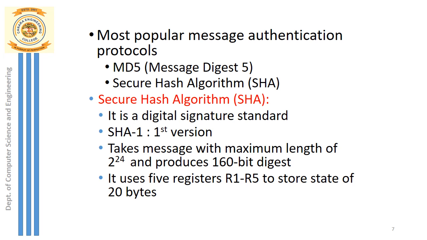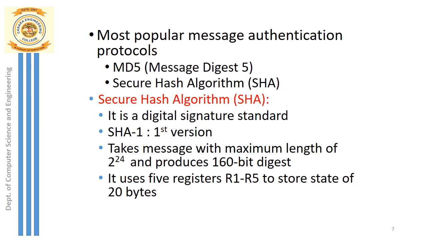SHA is a digital signature standard, and here I discuss SHA-1, which is the first version of the Secure Hash Algorithm. The SHA-1 algorithm takes a message with a maximum length of 2 to the power 64 and produces a fixed size 160-bit message digest.